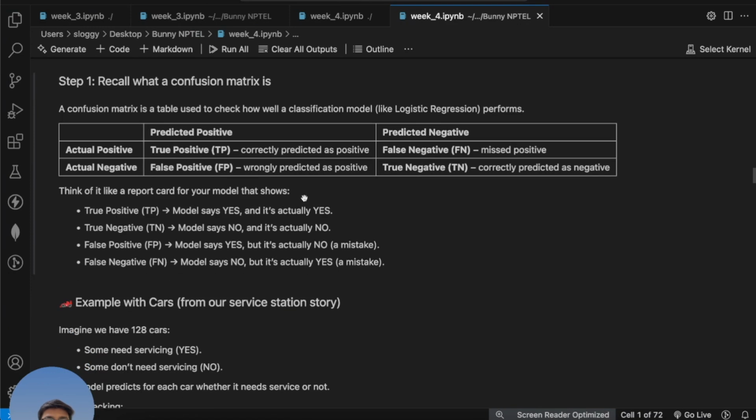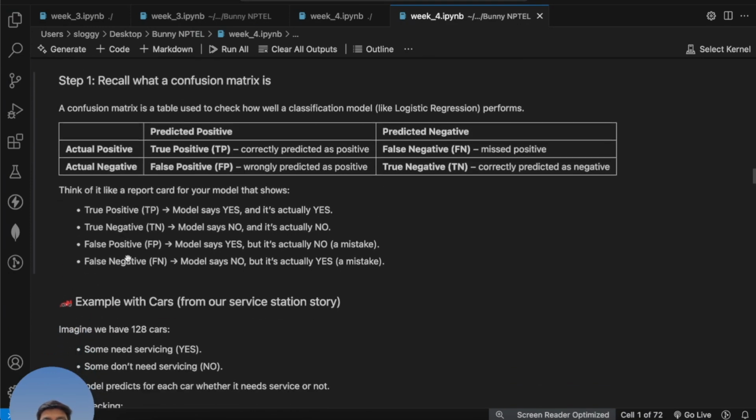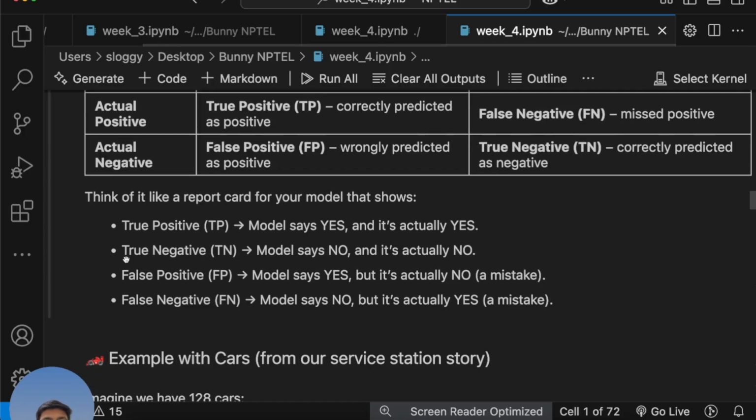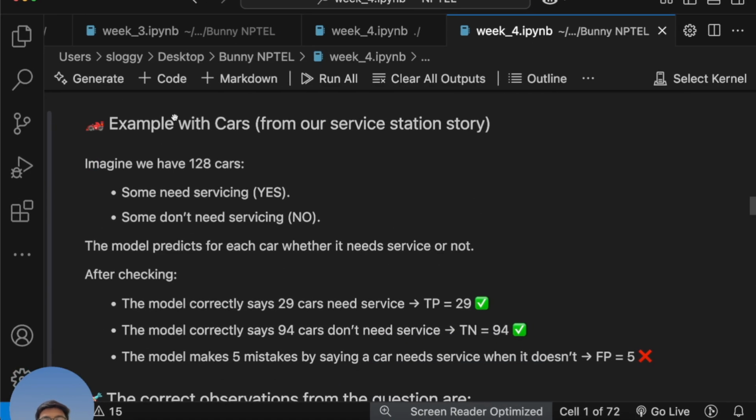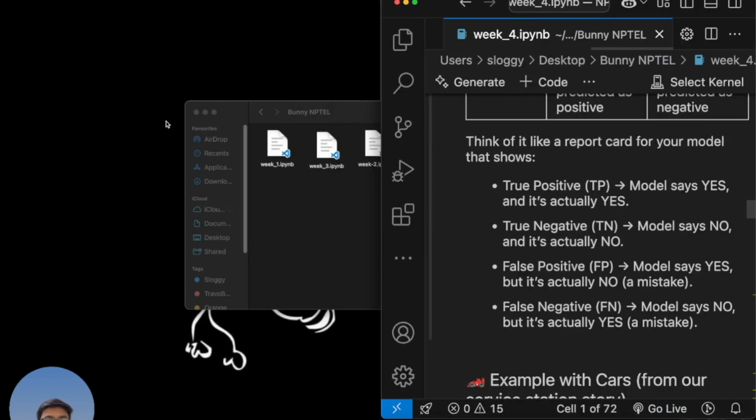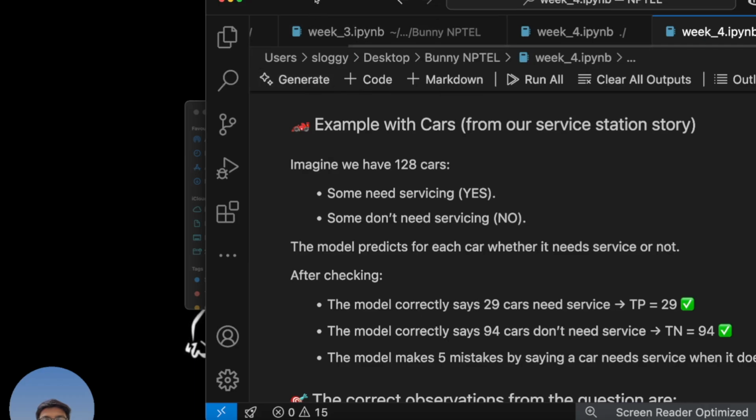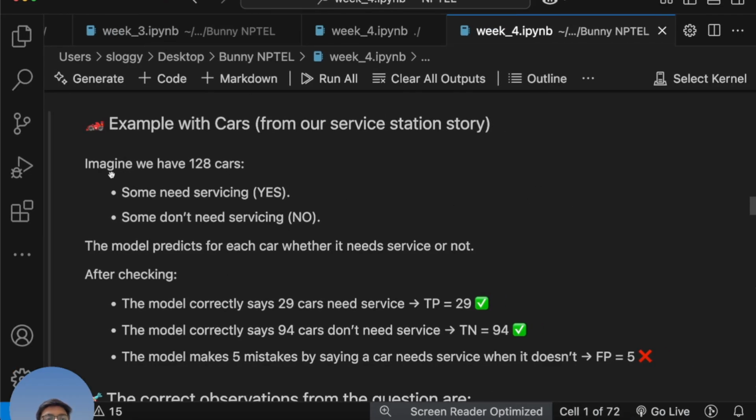Cool. Let's first take an example of cars. Imagine we have 128 cars. Some need servicing, yes, some don't need servicing, no, right? The model predicts for each car whether it needs service or not.